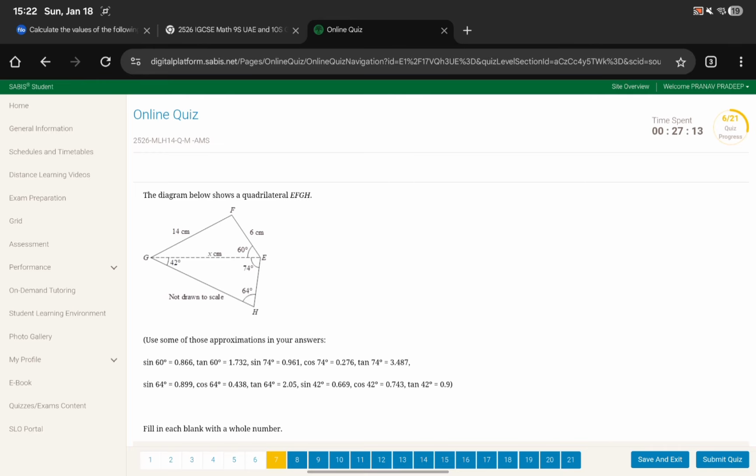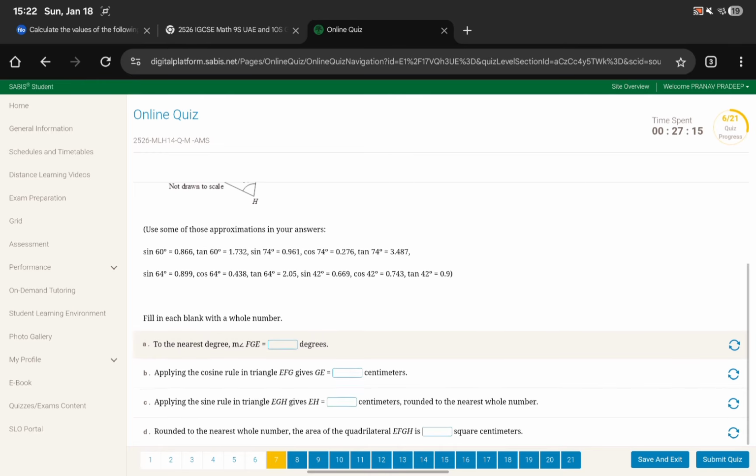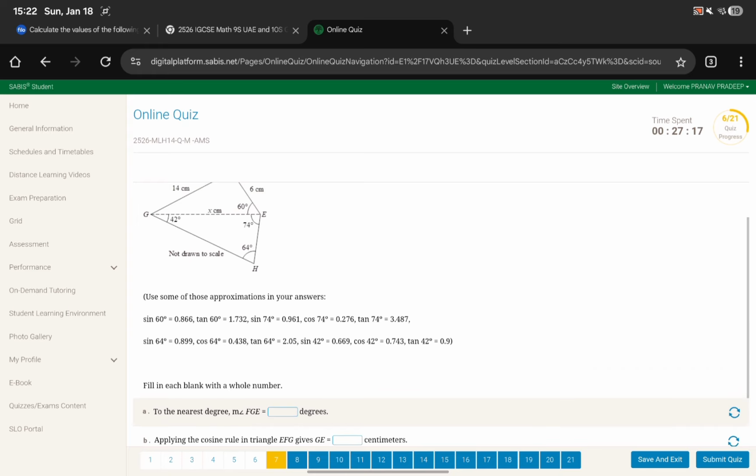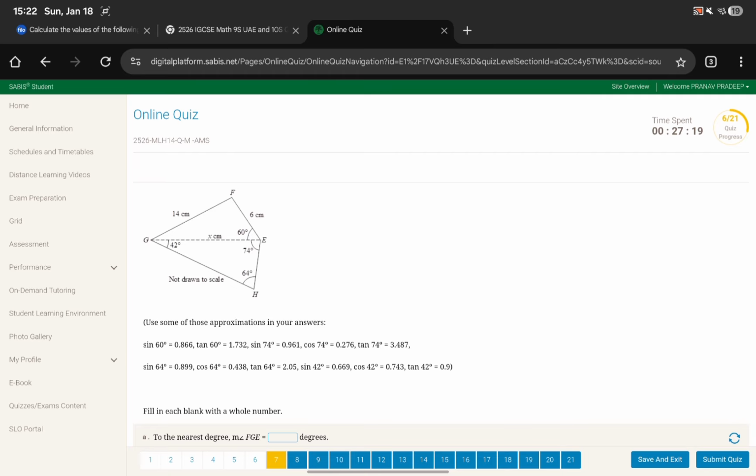For all these questions, I think we need to use sine rule. So to the nearest degree, FGE, you want to find this angle.